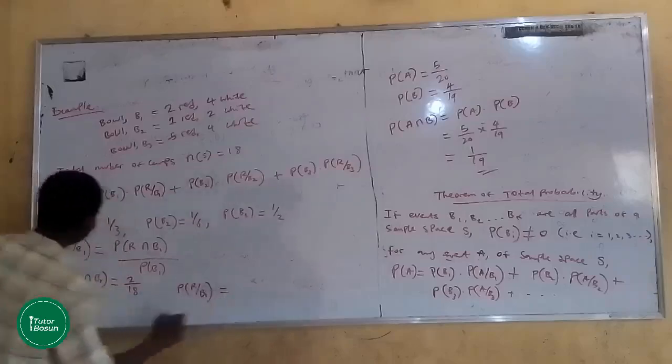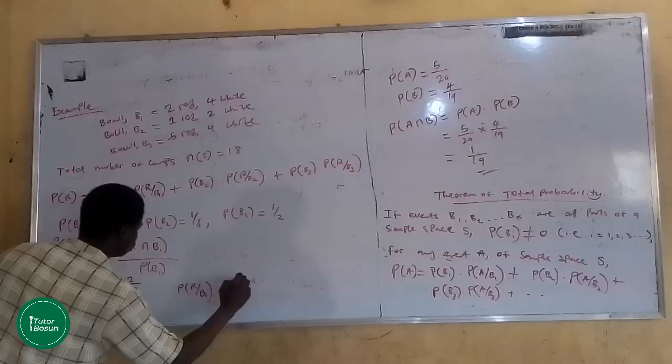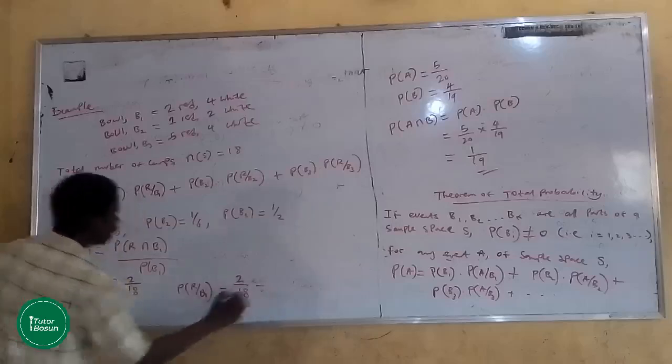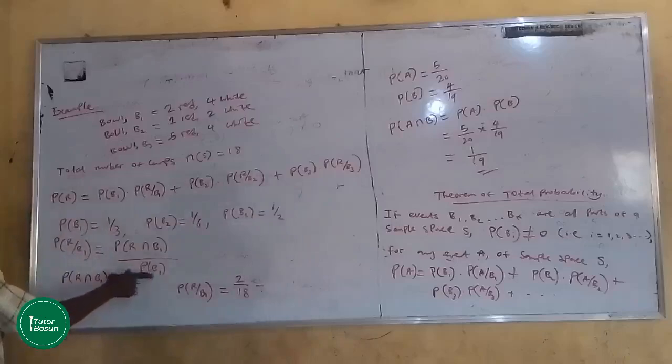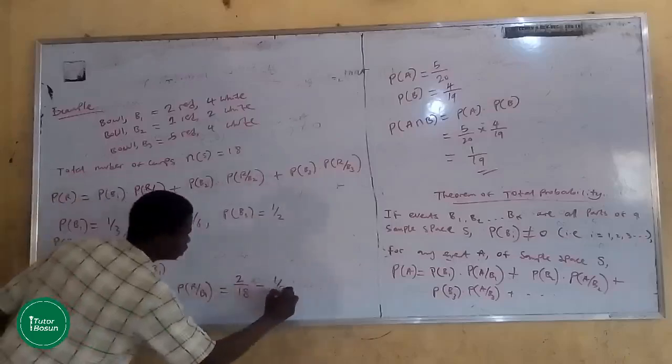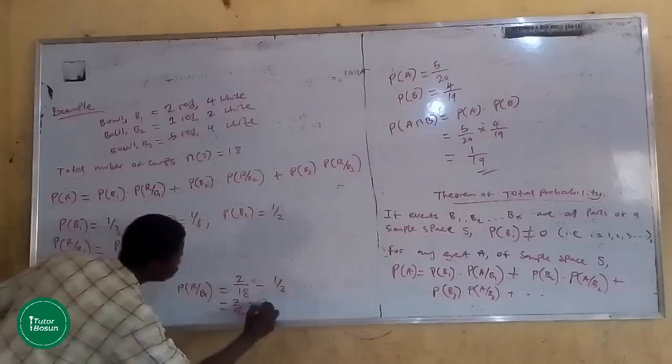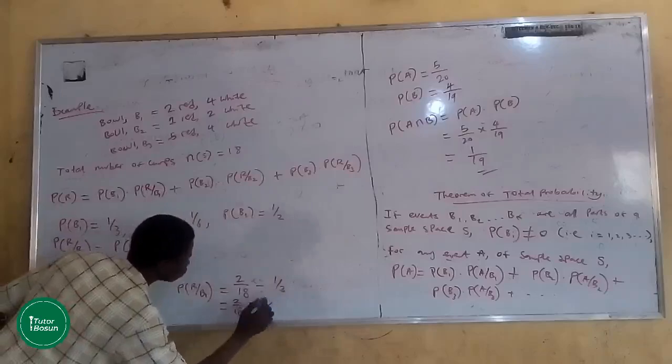And that's 2 over 18 divided by the probability of B1, which is 1/3. If you convert this to multiplication, we have 2 over 18 times 3 over 1.